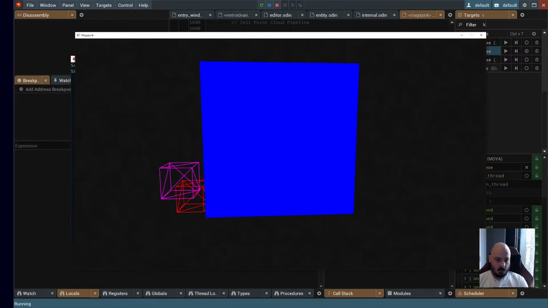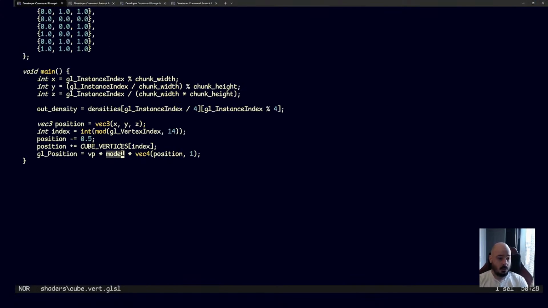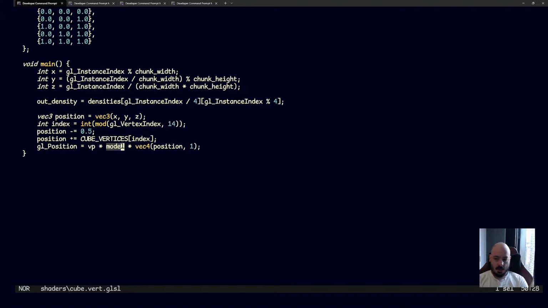It's also not, they're also not separated, which means this position is not right. I'm just missing something. So the problem with that is by scaling the model, we're also scaling the translation to be closer to each other, which means we're not seeing separated cubes.